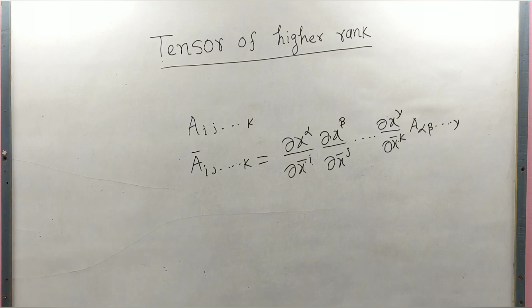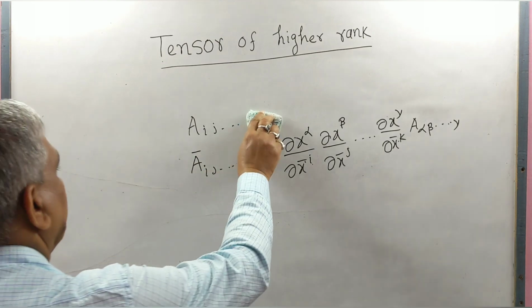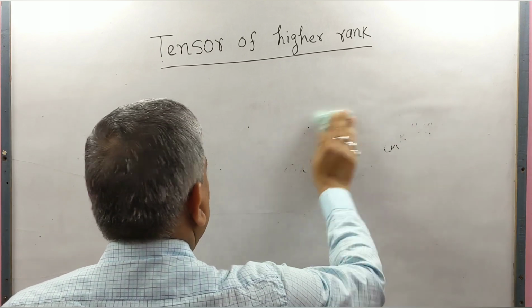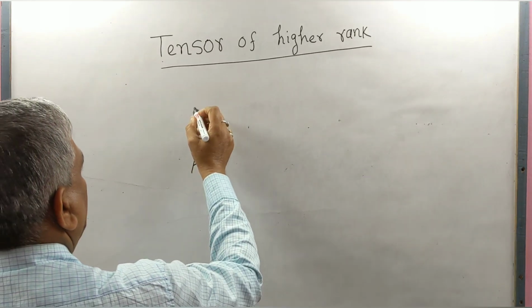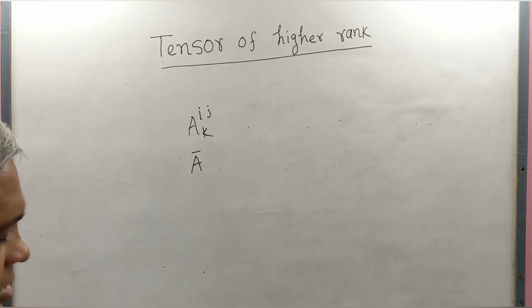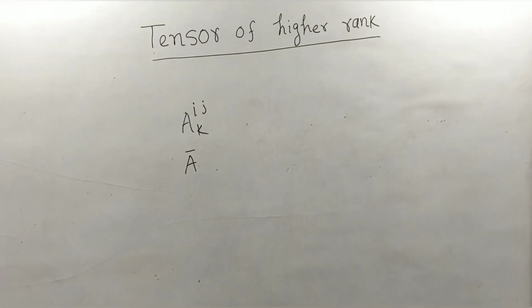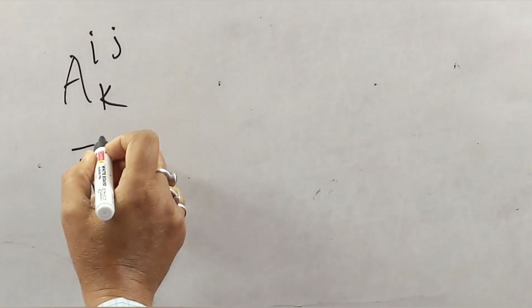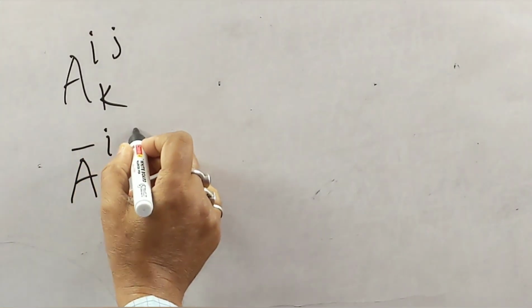Now we shall discuss a tensor of higher rank for mixed tensors. Let a^{ij}_k be a tensor, that is a mixed tensor, in x system of coordinates. Its corresponding value in x bar system of coordinates is a bar ij k.